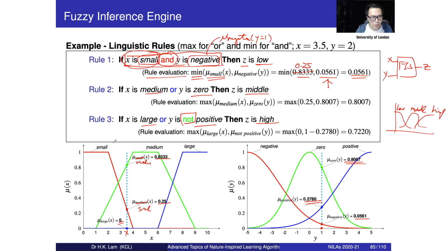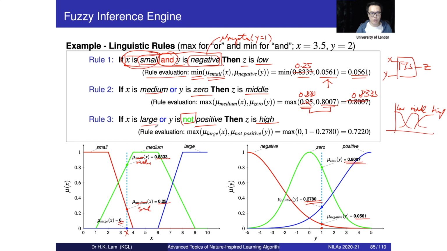And then when we talk about the second rule, x is medium. So mu medium of x should be 0.8333 according to this figure. Then mu zero is 0.8007, and the maximum between these two numbers is 0.8333. Just pick the maximum between these two.